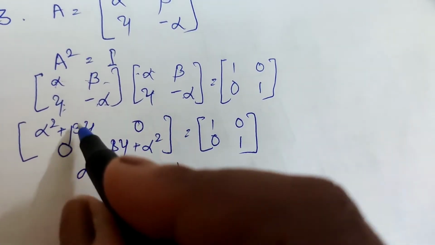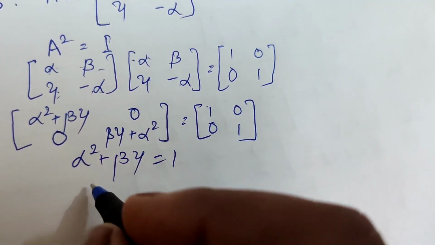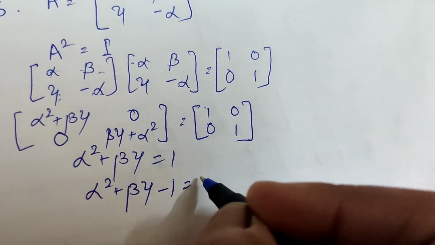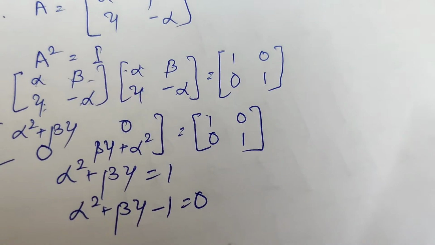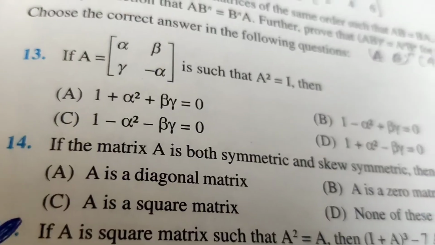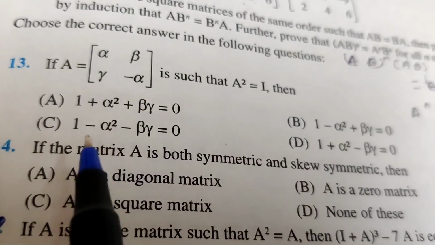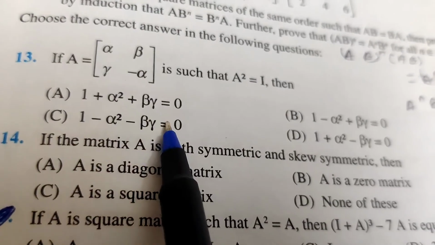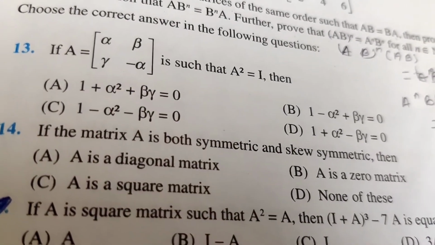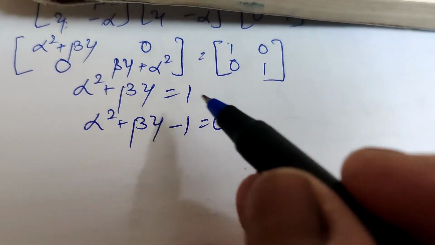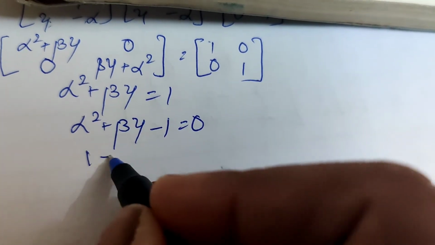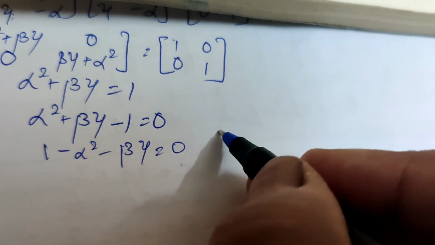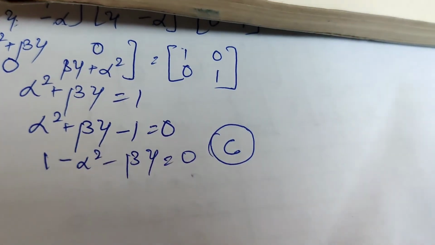Now comparing first element to the first, it means alpha square plus beta gamma minus 1 equal to 0. So which option is right? I think C option is right. Taking the 1 minus alpha square minus beta gamma equal to 0. We can write this 1 minus alpha square minus beta gamma equal to 0. It means C option is right.